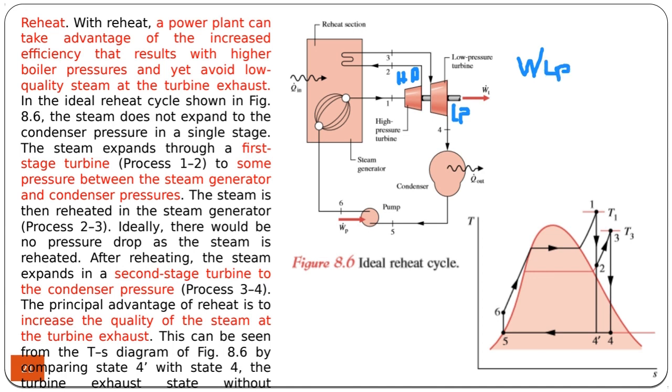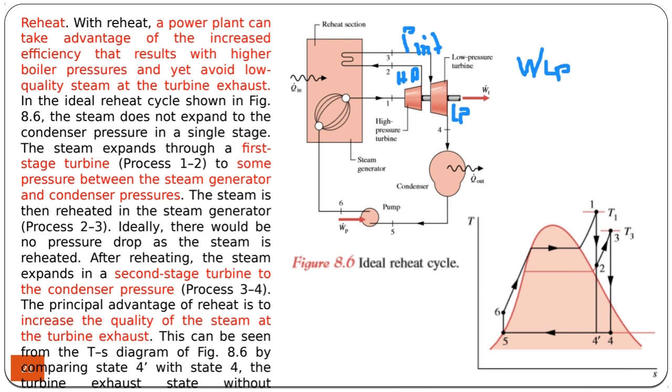As you can see, the exit of the high pressure turbine is at some other pressure, so we don't know the pressure here, so it's an intermediate pressure. And it's sent back to the boiler again, and it's heated up to some superheat temperature, then gets into the low pressure turbine.